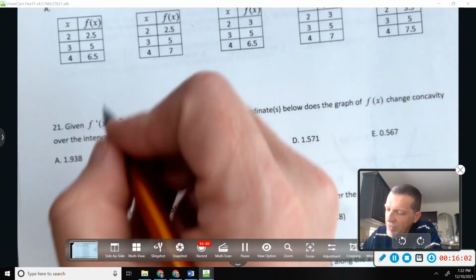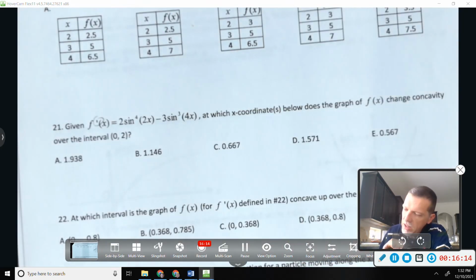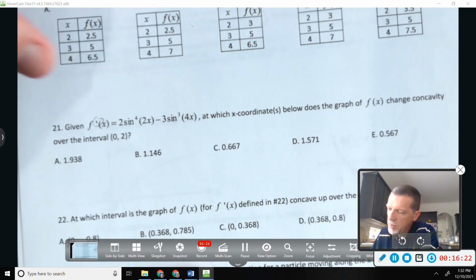21. Given f prime, okay, so it's a derivative, at which coordinates below does the graph of f of x change concavity on that interval? Did we just graph this one, or did we graph the derivative of that? I think we did.